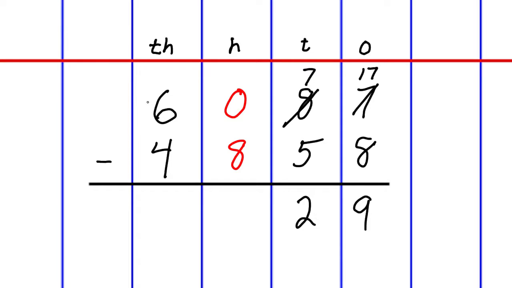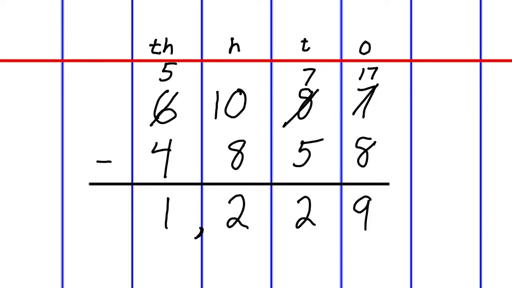So regroup 6,000 into 5,000 and 10 hundreds. Now we can subtract the 10 hundreds minus 800, which equals 200. In the thousands place, 5,000 subtract 4,000 equals 1,000. Now we can put the comma between the thousands place and the hundreds place. The answer is Beijing is 1,229 miles farther than London.